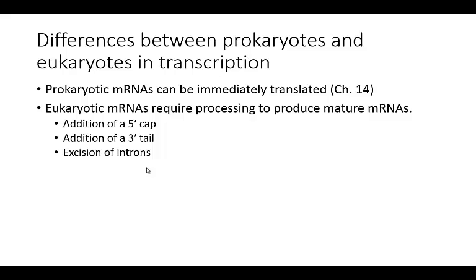They also require several different processing events in order to produce the mature mRNAs. Only then are those mRNAs allowed to leave the nucleus and undergo translation. These processing events include addition of a 5' cap, addition of a 3' tail, and excision or removal of introns.